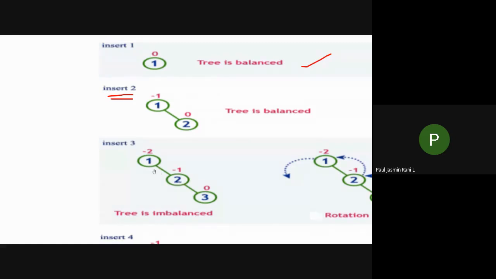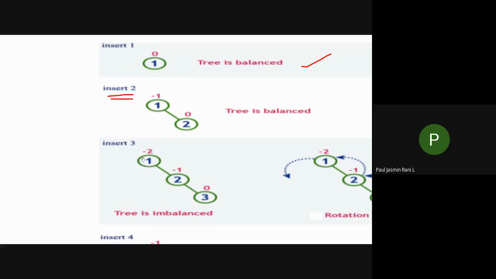So it travels only along the right side, and I place it as the right child of node 2. After calculating the balance factor, the leaf node 3 is 0. For node 2, on the left side I don't have any elements, therefore 0, minus the right side which has only one level, so minus 1.